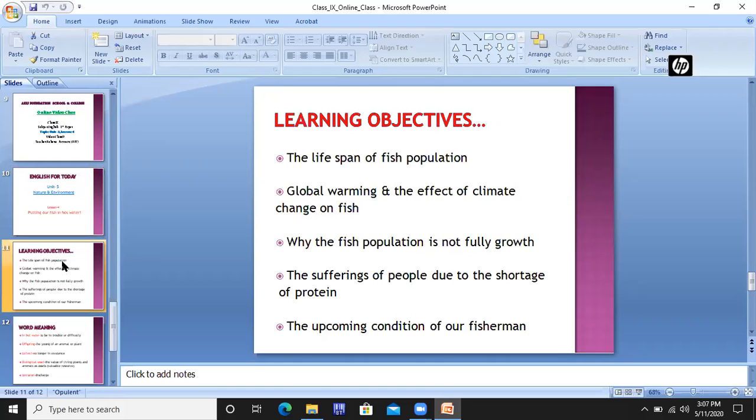Having finished the lesson, you will be able to learn about the lifespan of fish population. Then you will be able to learn global warming and the effect of climate change on fish. After that, you are going to learn why the fish population is not fully grown.